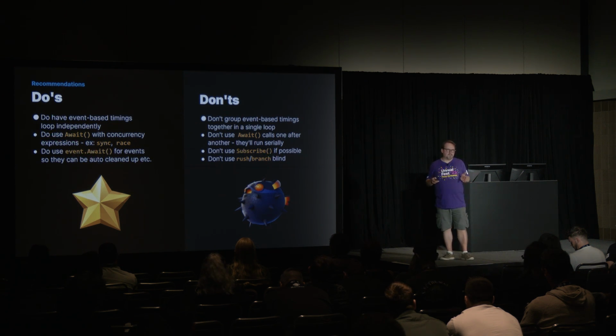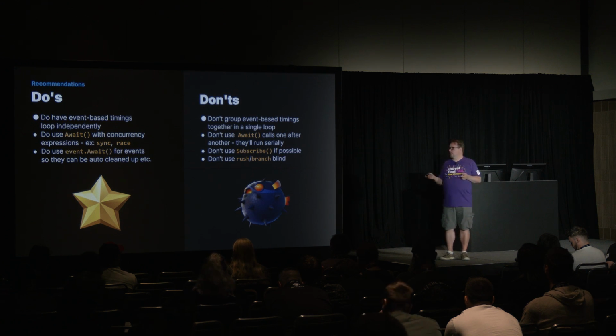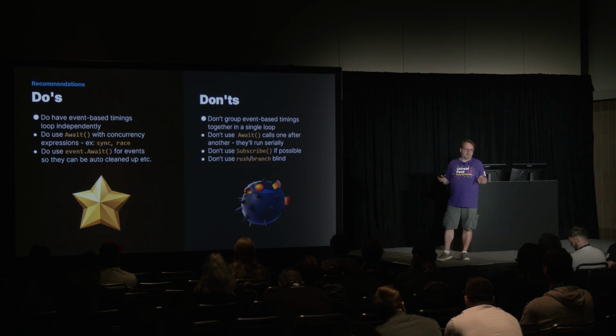Subscribe is the old, traditional way of working with things: if you subscribe to something, it will call something whenever it triggers, but it will keep on calling it. So if it's something you only wanted to do once, you have to keep some sort of handle onto the thing you subscribed to and remember to unsubscribe. Whereas with await, if it's a one-shot thing, you just wait on it once and then you're done. If you want to loop on it, you can just loop on it.